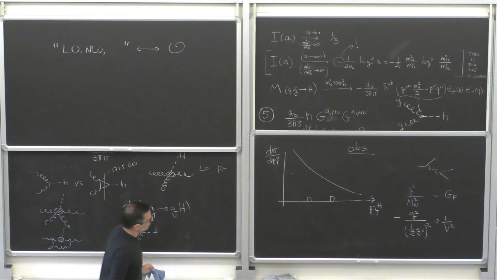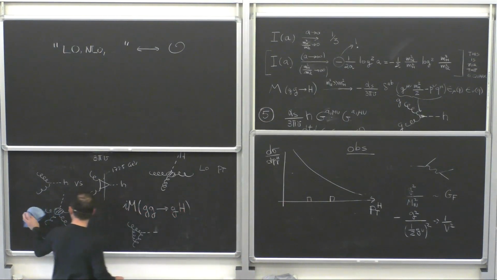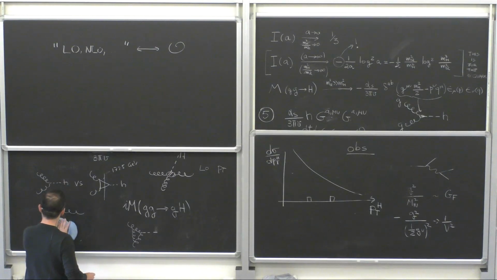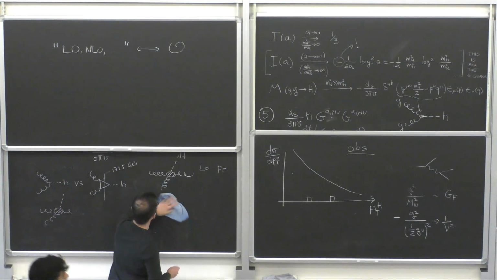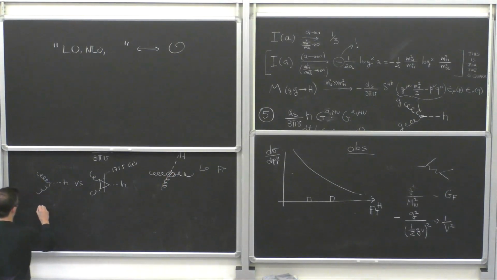Okay, good. So now let's go back and not go into this. So now I have this diagram. So this is the process. Here I have this, for example, diagram.